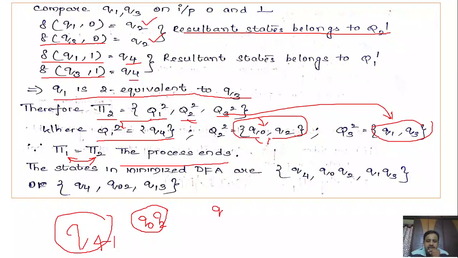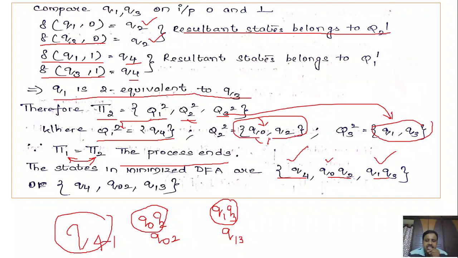So totally three states, right? Instead of Q0, Q2 together, we can also write Q02, and you may also write Q13. Both are possible ways of representing merged states, so you can use either way. So here we have Q4, Q0Q2 and Q1Q3, three states.